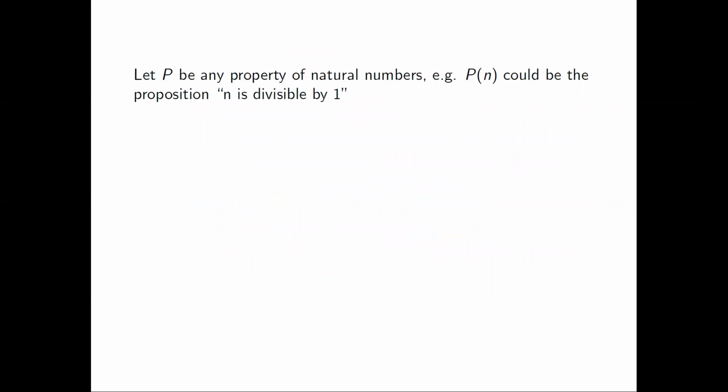Before we use weak induction to prove the inclusion-exclusion principle in full generality, let's recap what weak induction is. So we'll assume that P is any property of the natural numbers. For example, P of n could be the proposition that n is divisible by 1.